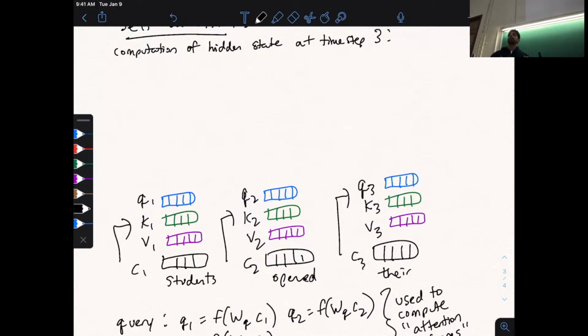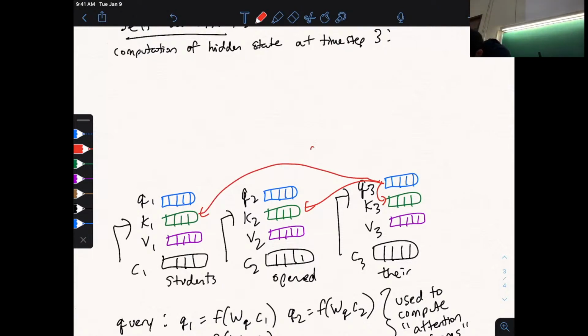We want to get a vector, pass it to a softmax layer, and have it predict books, right? This is our same example from before. So what we're going to do is take the query vector Q3, and we are going to compute 3 different dot products. We are going to compute the dot product between Q3 and K3, between Q3 and K2, and Q3 and K1.